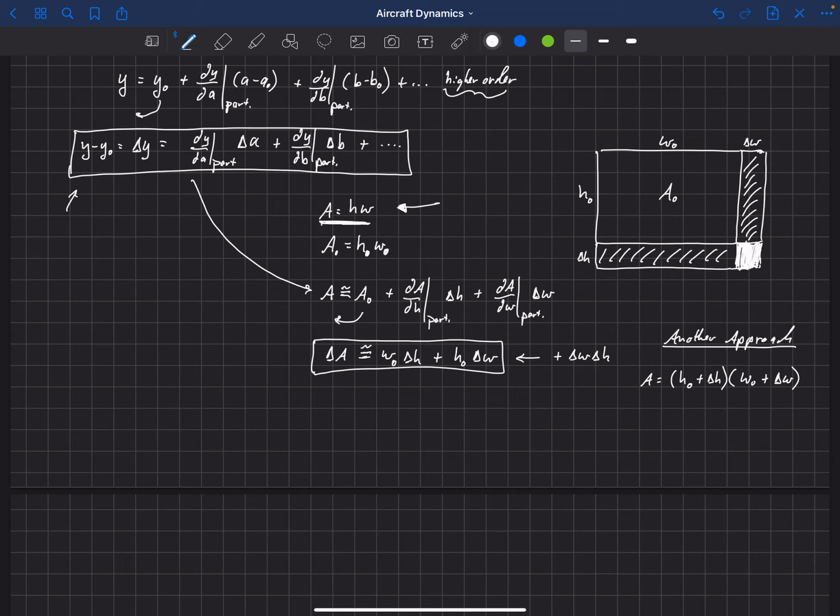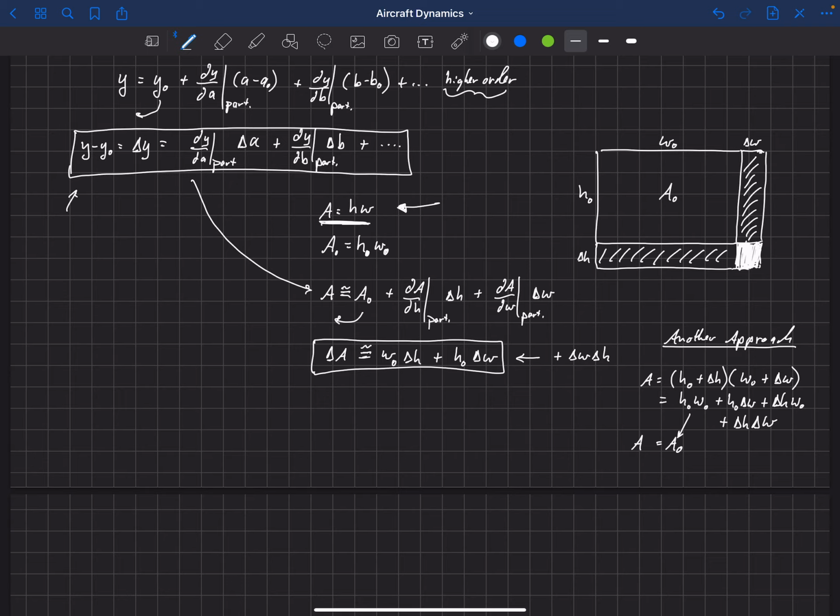And if I just factor this out, what I'm going to get is H naught times W naught, plus H naught times delta W, plus delta H times W naught, and then plus delta H times delta W. Okay, so my general area is equal to A naught.